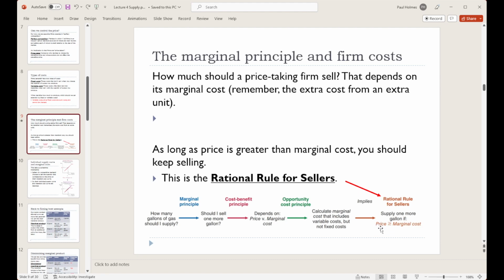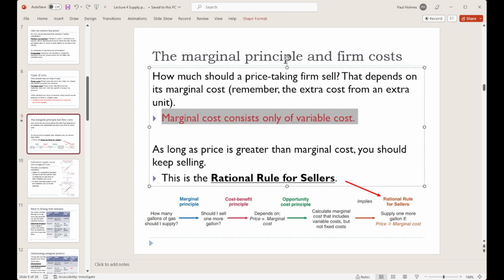If the price of that next gallon that we could sell is greater than or equal to the marginal cost of producing and selling that gallon. Our marginal cost, because it is changing as we sell one more thing, could only possibly consist of variable cost. What that means then is that we shouldn't be thinking about the fixed costs as we're deciding about how much to sell, and our rational rule here emphasizes that.